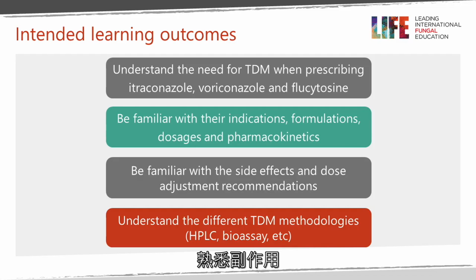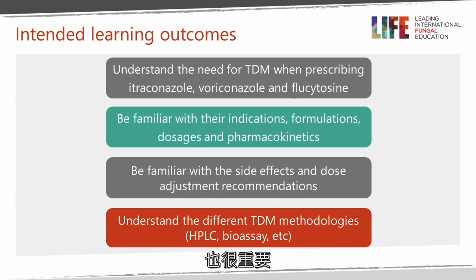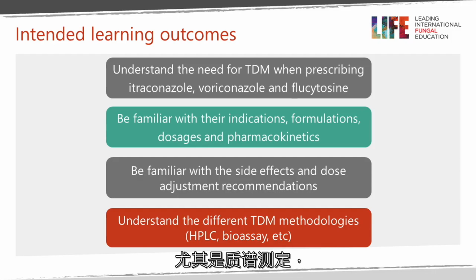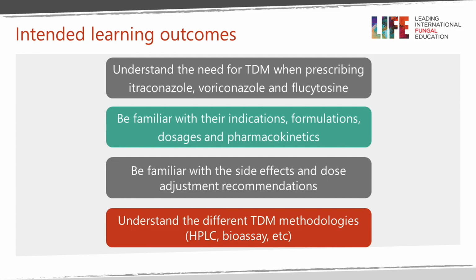It's also important to be familiar with the side effects and whether they're related to drug levels and what dose adjustments are recommended in patients who have high or low levels. And we'll also summarize and show you some full details of TDM methodologies, in particular a mass spectrometry measurement, but there are other methods which we won't show you in detail, but we'll discuss briefly.